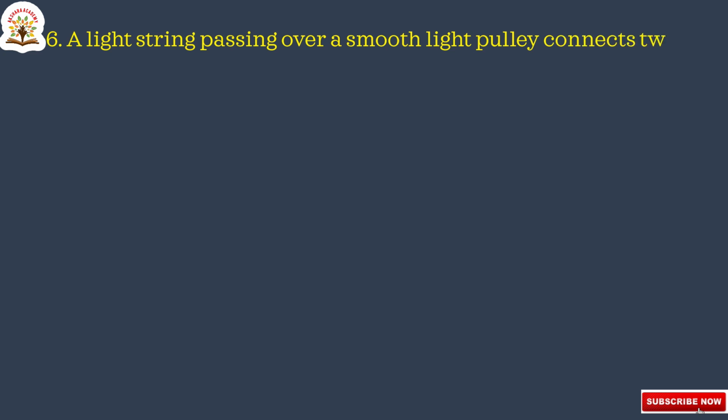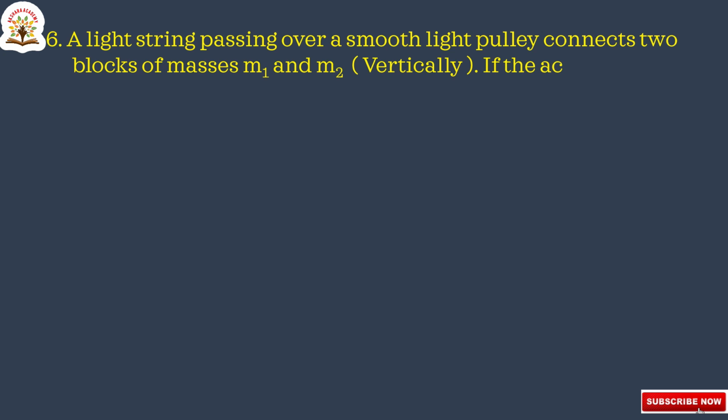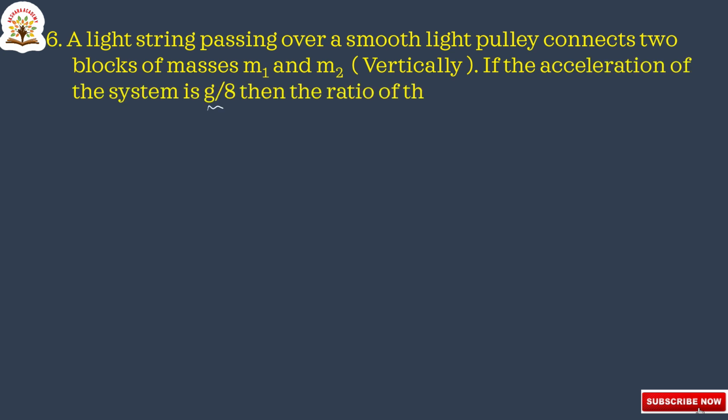In this question, a light string passing over a smooth light pulley connects two blocks of masses m1 and m2 vertically. If the acceleration of the system is g by 8, then the ratio of masses is, here we have to calculate the ratio of masses.